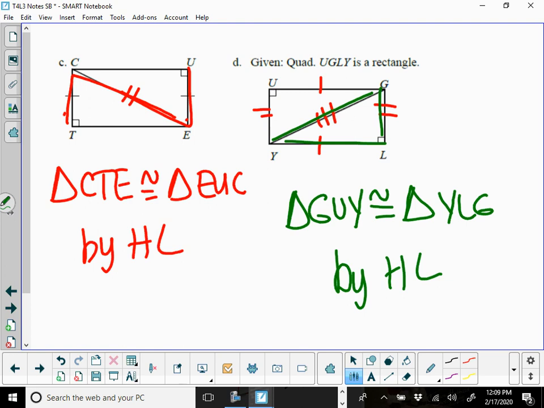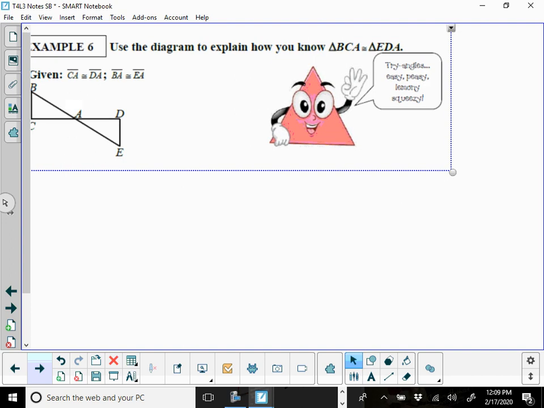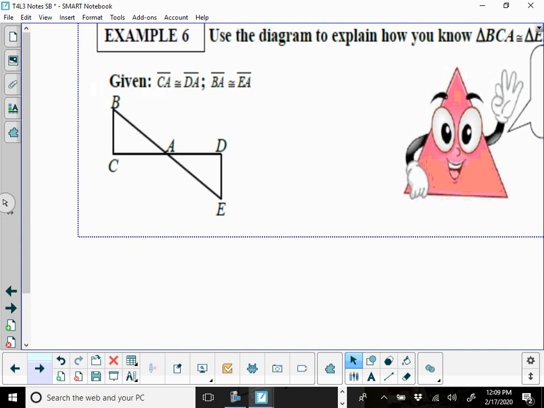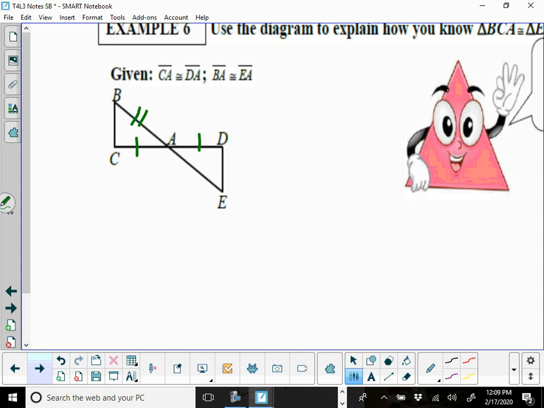Okay, so that takes us to the very last example of your notes today. We've got triangle BCA is congruent to EDA. They want you to use this diagram to explain how we know that. All right, they've given us here, let me make this a little larger so that we can label it. They've given us that CA is congruent to DA. They've given us that BA is congruent to EA.